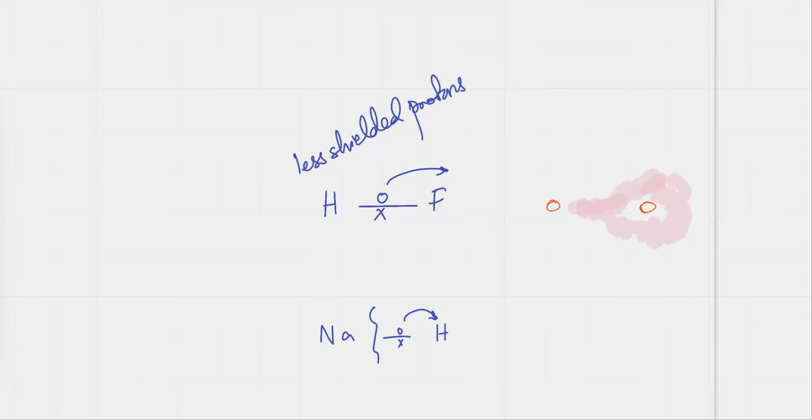Fluorine had 9 electrons in total, so most of the electrons would be kind of closer to fluorine's nucleus. Hydrogen would be a lot more exposed because hydrogen just had 1 electron, so even that is now closer to fluorine. Is this point clear?